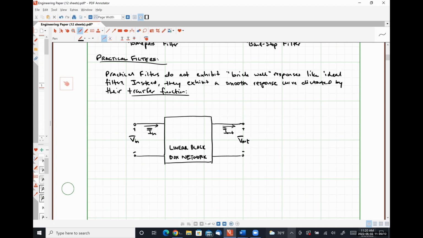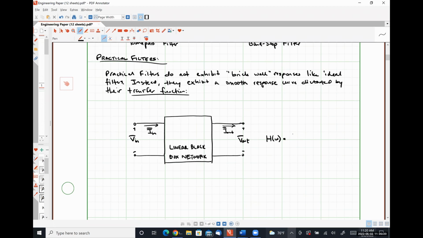So I'm going to define H of omega as the ratio of V out over V in.